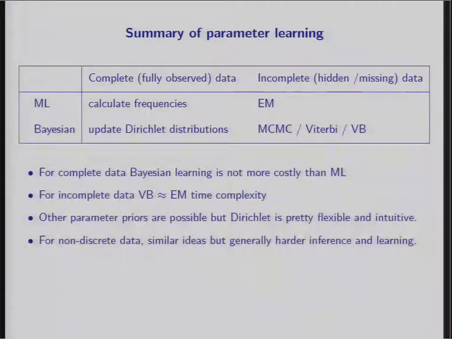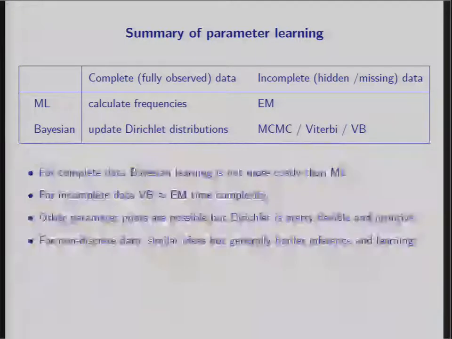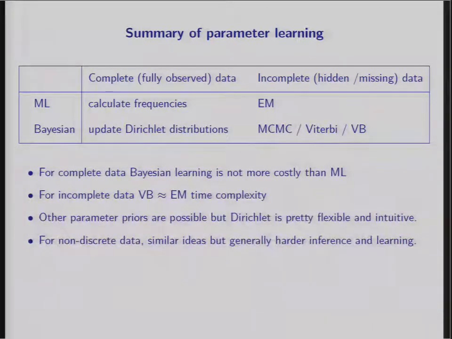Now, for any setting of the x, you can do the integral over the theta exactly, because under the assumptions I've been talking about here, your variables are all discrete, and the prior is Dirichlet, so we can do these Dirichlet integrals exactly. But there are exponentially many ways of filling in the hidden variables. So the exact posterior over the parameters in the Bayesian setting with hidden variables involves a mixture of exponentially many Dirichlet distributions.